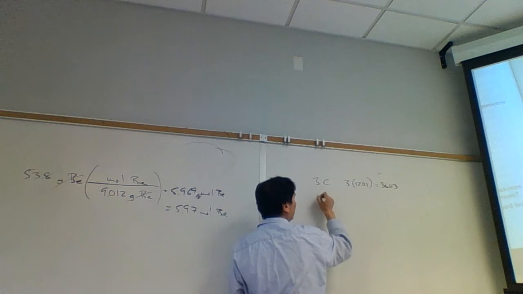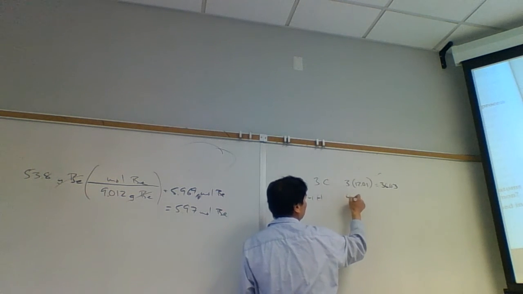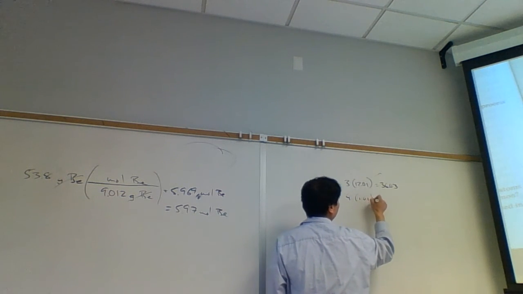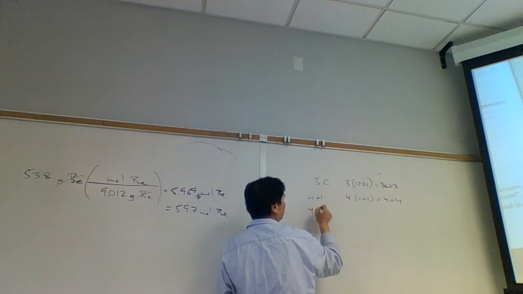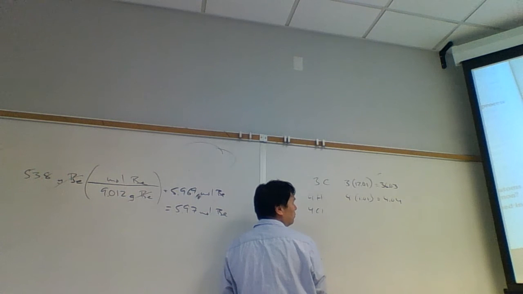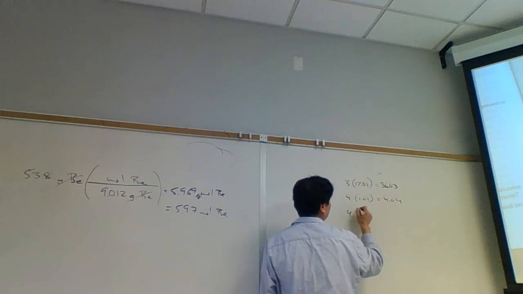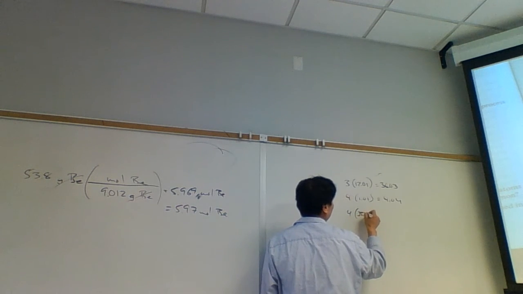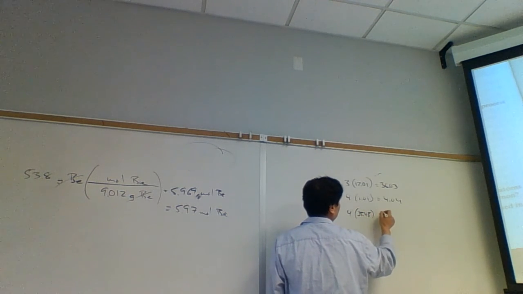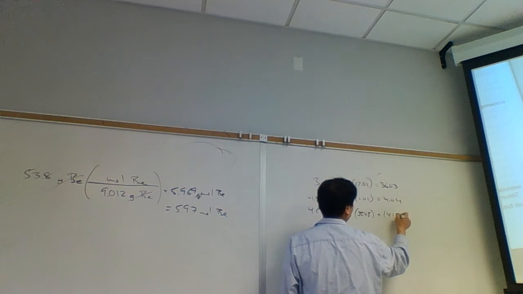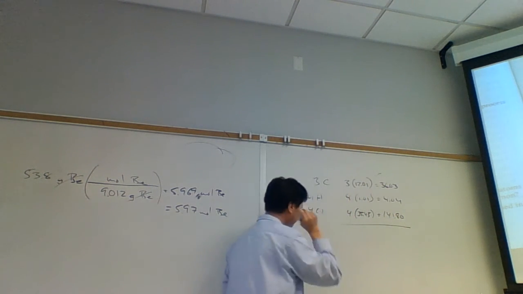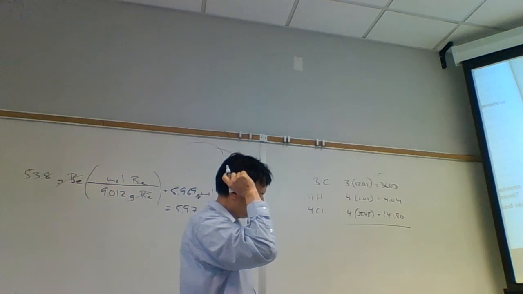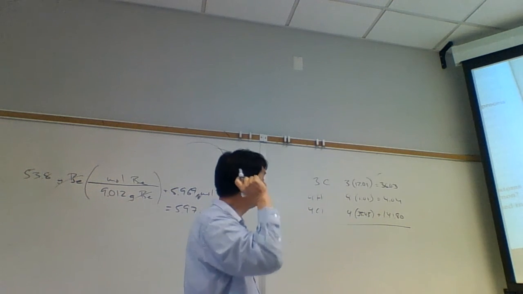And then we have 4 hydrogens, which is 4 times 1.01, which is going to be 4.04. And then we have 4 chlorines, 4 times 35.45. This is going to be 141.8.